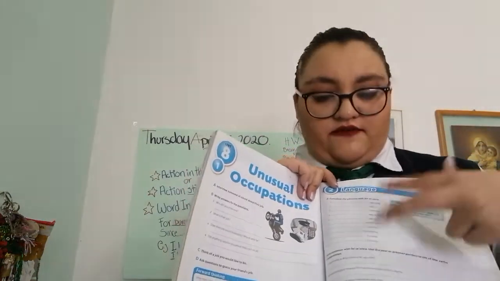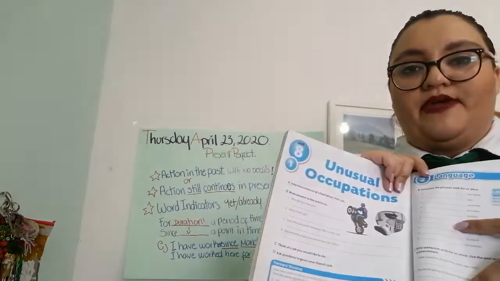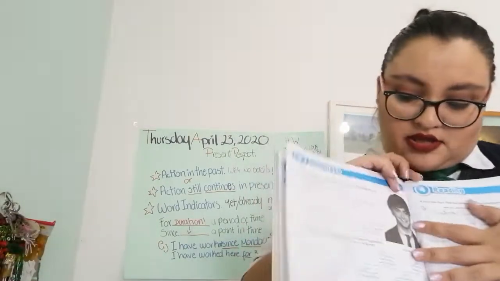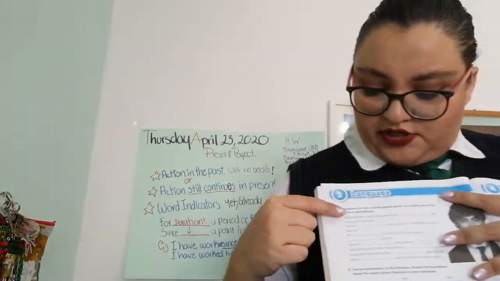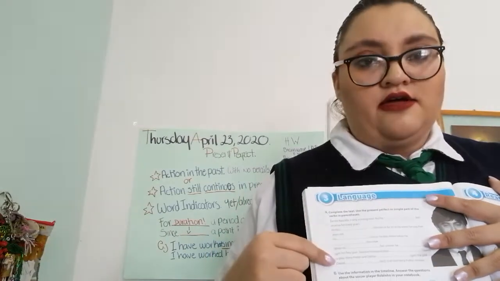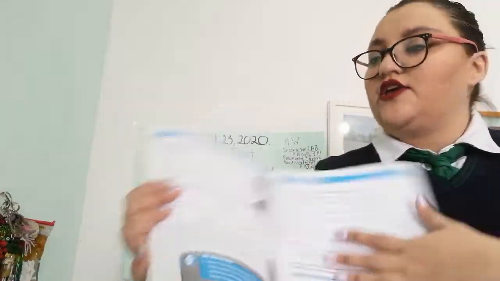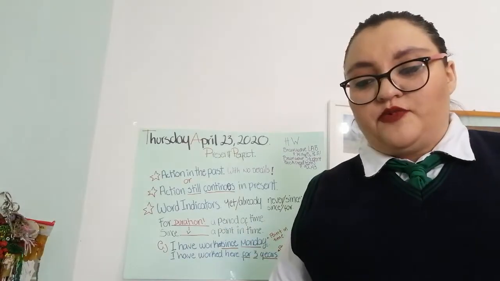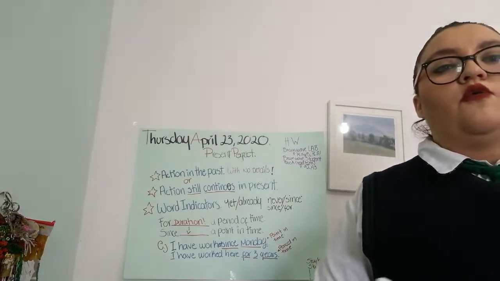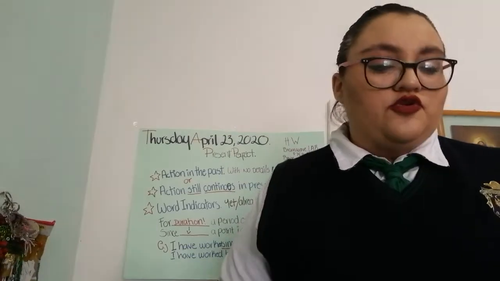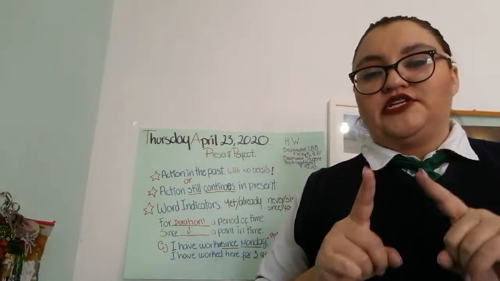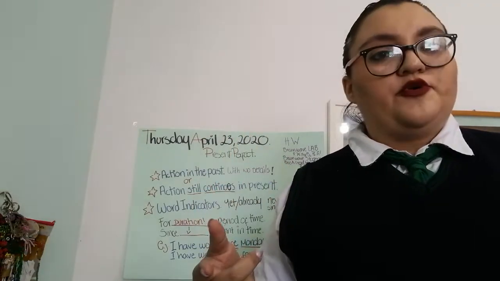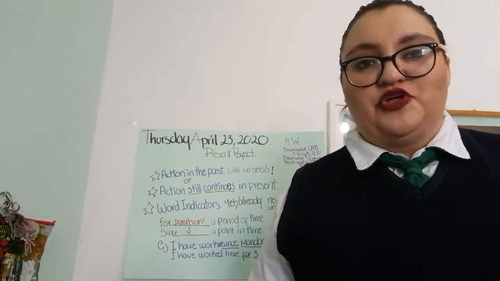That's on page 75. We just need to do A and B. We're also gonna go to page 76, and we're only gonna do exercise A. Only A. In exercise A, we're gonna use present perfect or simple past with the verbs in parentheses. So we need to be really careful and read the sentence to see what tense I am going to use.